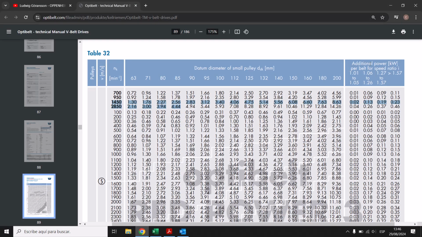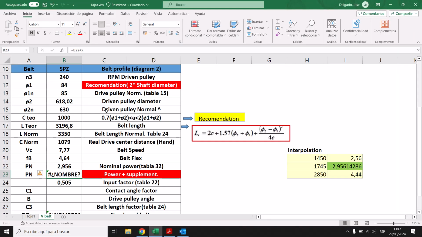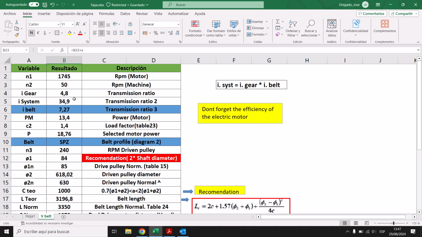I put power plus supplement. This is the additional power depending on the ratio. We have a ratio of above 1.57. It's here about the first information that we have.